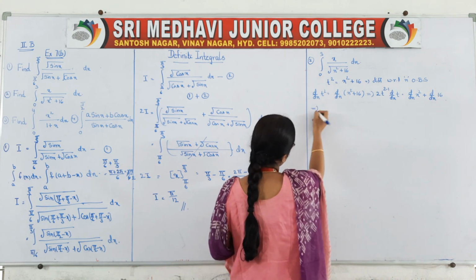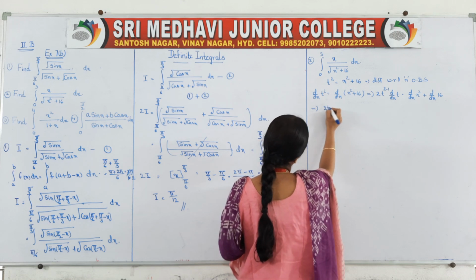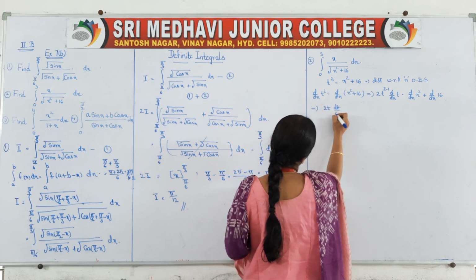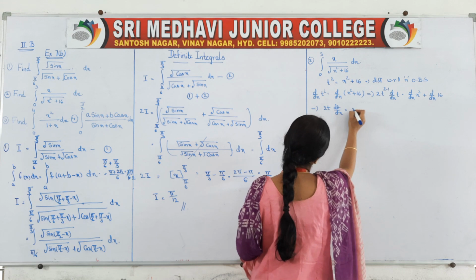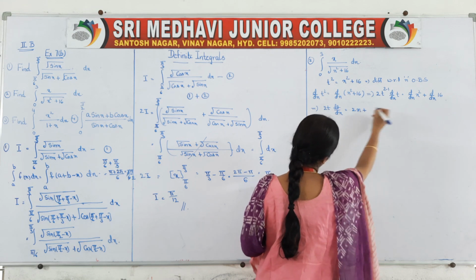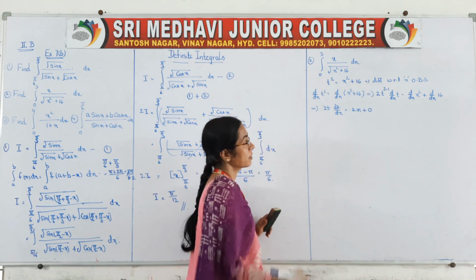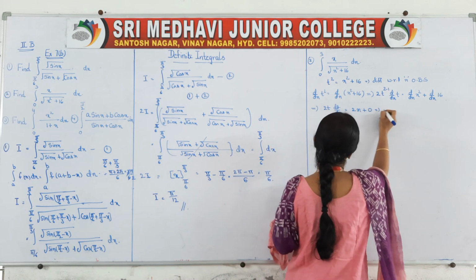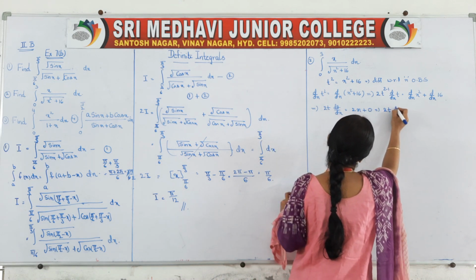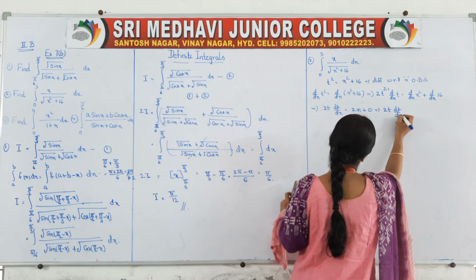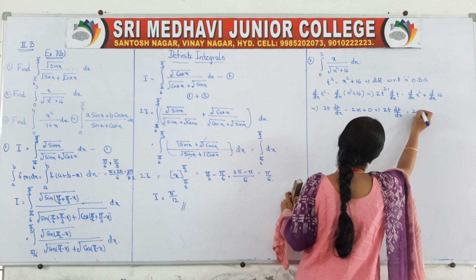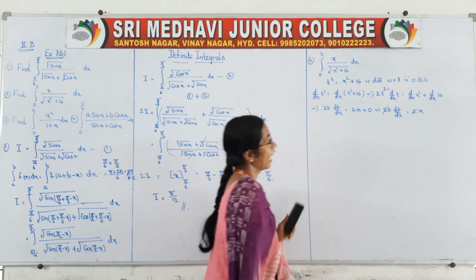Okay, so we can take this as 2t dt by dx is equal to 2x plus the derivative of a number, which is 0. So, we have 2t dt by dx is equal to 2x, 2 cancels.